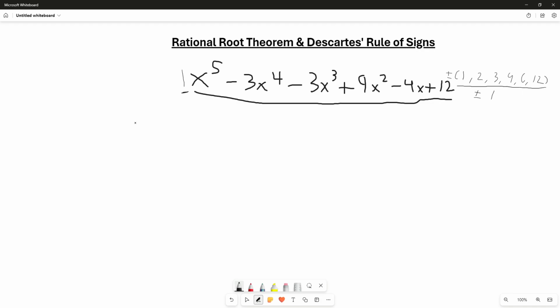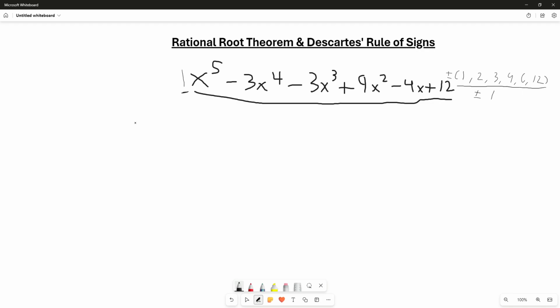So hypothetically, let's say that a was equal to 4. If a was equal to 4 here, then it would be any of these written over plus or minus 1, plus or minus 2, plus or minus 4, because that's the factors of 4.